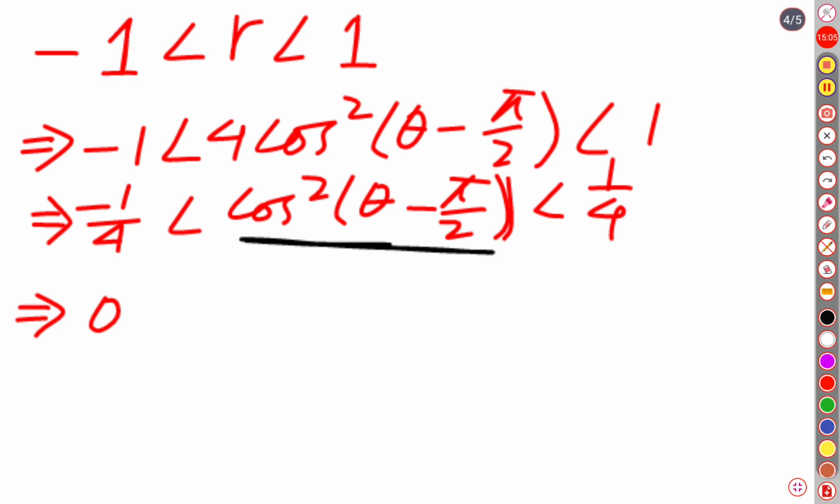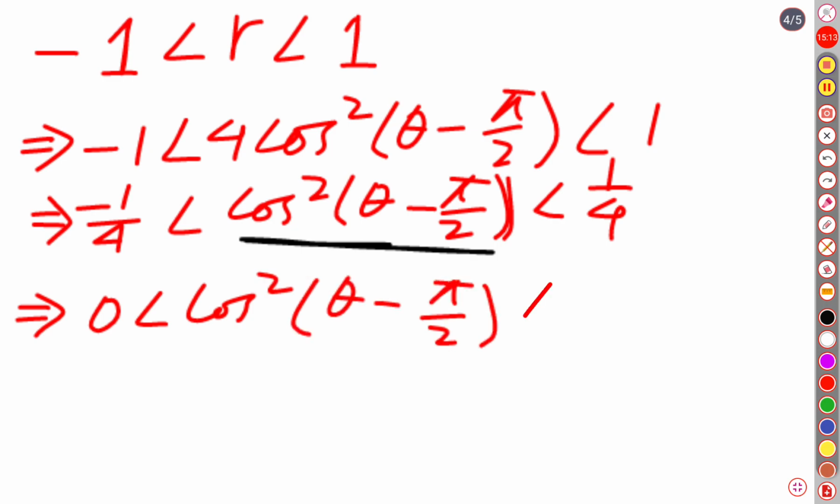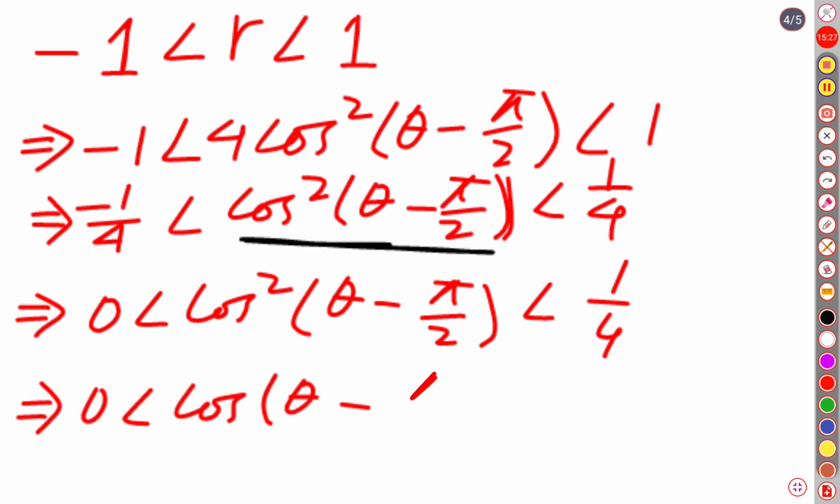The minimum value of cos square will be 0. So 0 less than cos^2(theta minus pi over 2) less than 1 over 4. Then if we find the square root of every term, it is going to be 0 less than cos(theta minus pi over 2) less than the square root of 1 over 4, which is positive or negative 1 over 2.